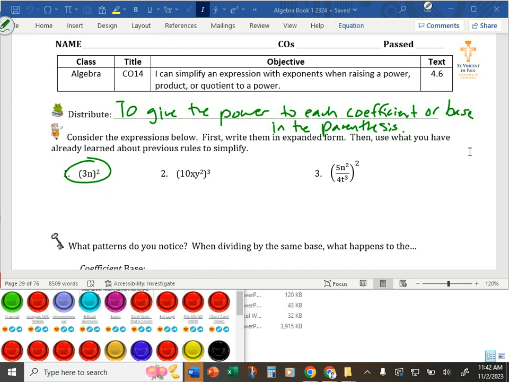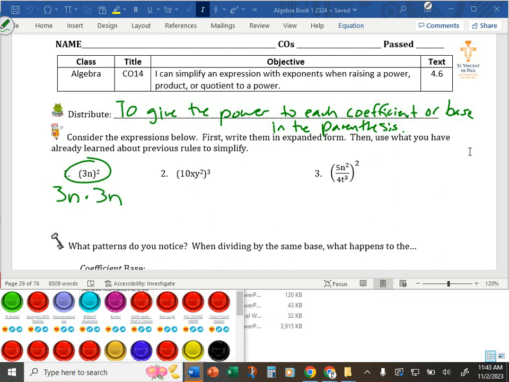The 2. It's the 2. Isn't it like 3 times n times 3 times n, right? If we're squaring 3n, 3n is the base, that means we're taking 3n times 3n.